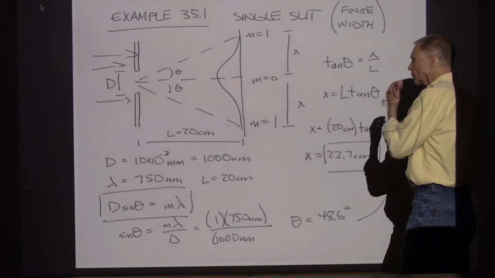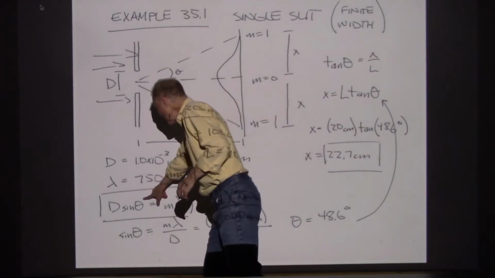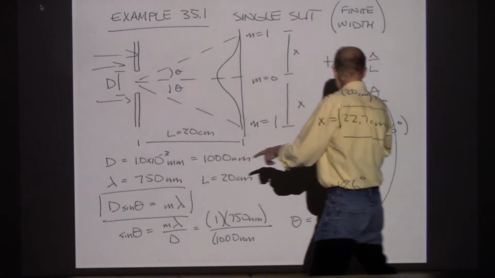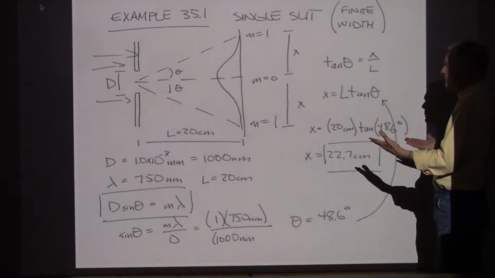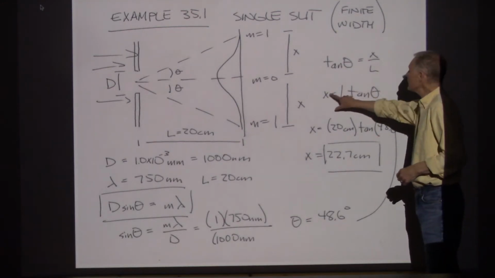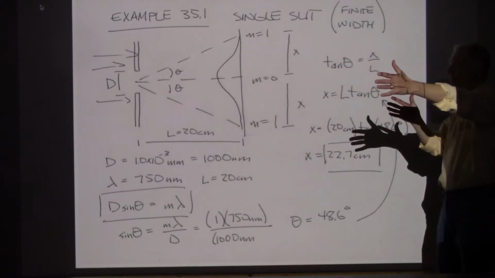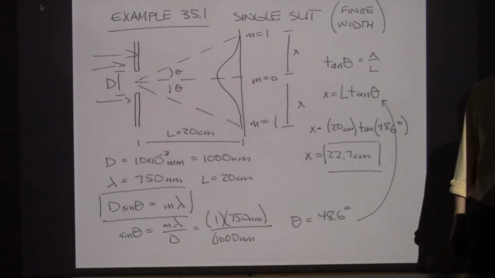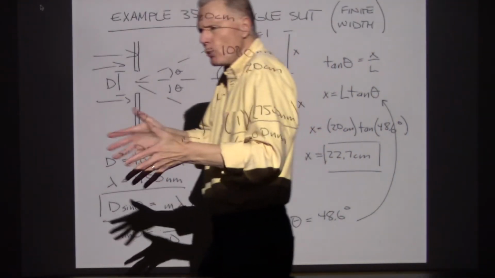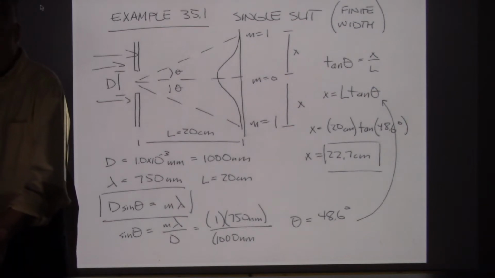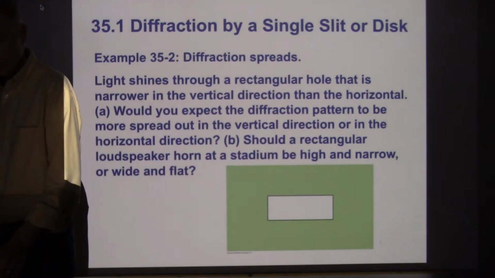Say this is how the angle is related to the wavelength and the slit opening, and then say, now that I know the angle, I can relate the distance to the screen with how far off center this will show up. It's really important not to put too many steps together when you're learning things. Make sure those remain distinct steps so you can understand how the different ideas come together. Okay, enough said.